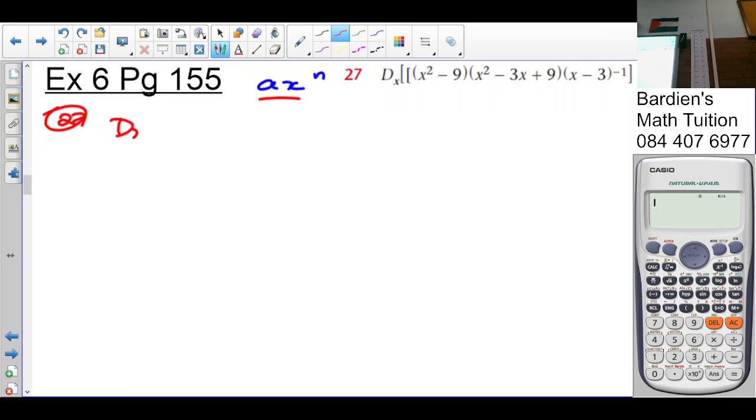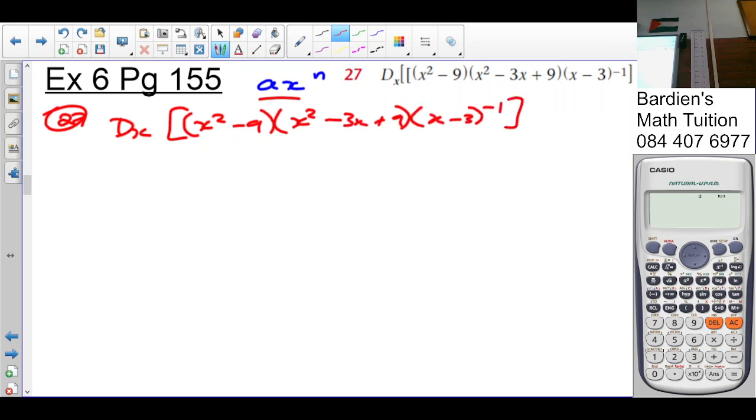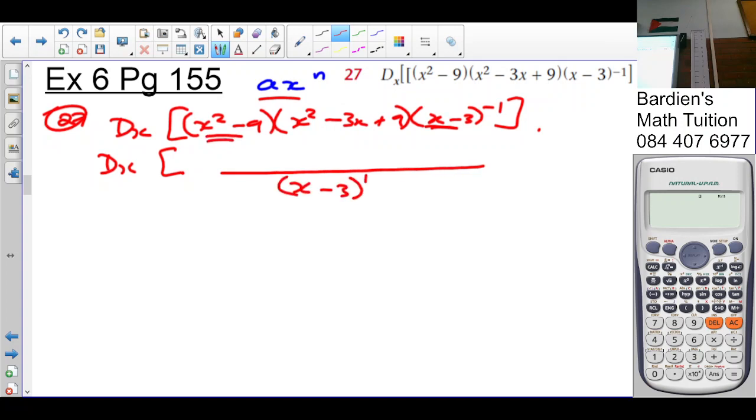So d of x is x squared minus 9, times x squared minus 3x plus 9, times x minus 3 to the negative 1. Okay. So if you're looking at d of x here, I can't apply it as it is. We know that this one here is going to go to the denominator, the x minus 3 to the 1. However, this here we can apply difference of two squares.